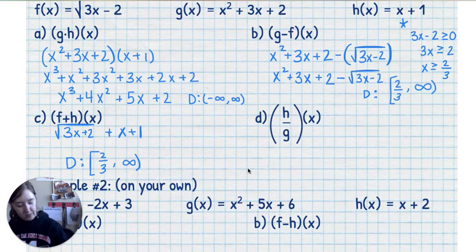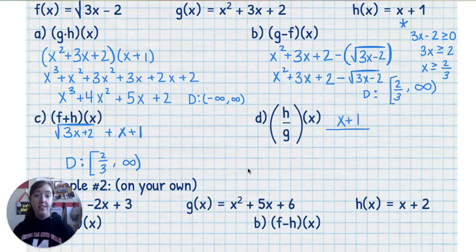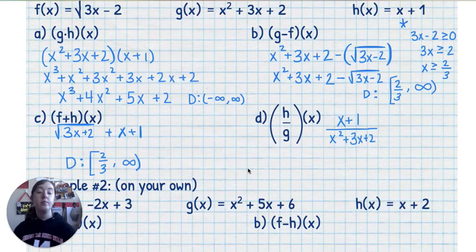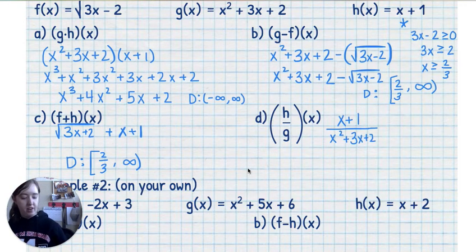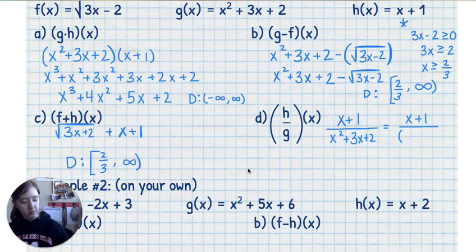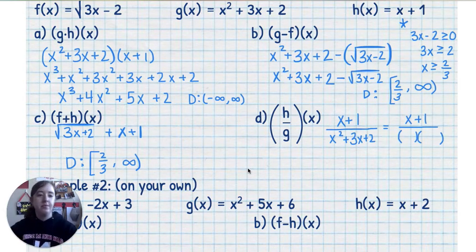Now on D, we're going to take h. H is x plus 1 over, and then g is x squared plus 3x plus 2. Now, let's see if we can simplify that at all. All right, so if we factor x squared plus 3x plus 2, we're going to end up with x plus 1, x plus 2, right?